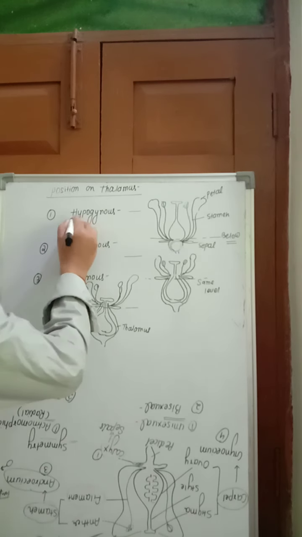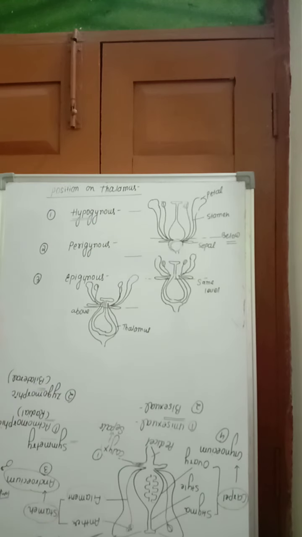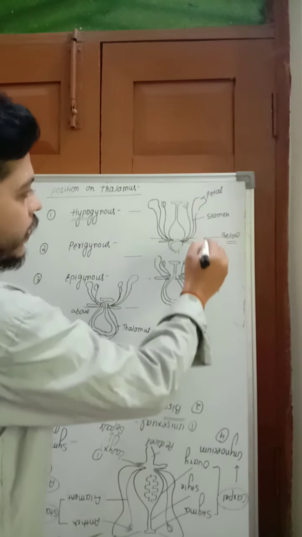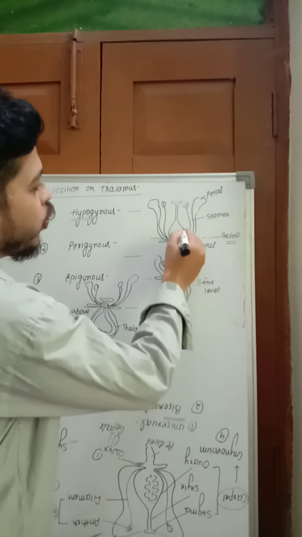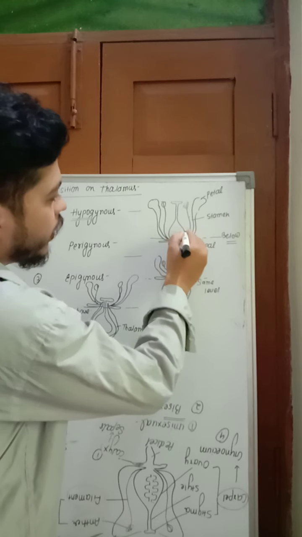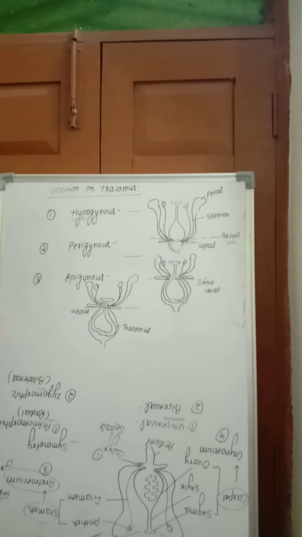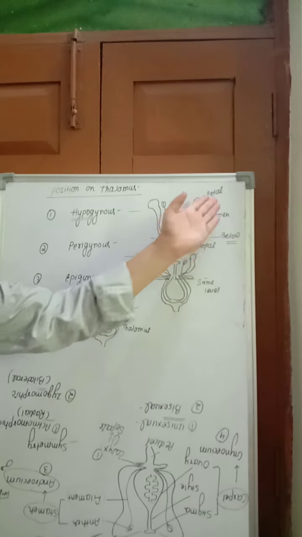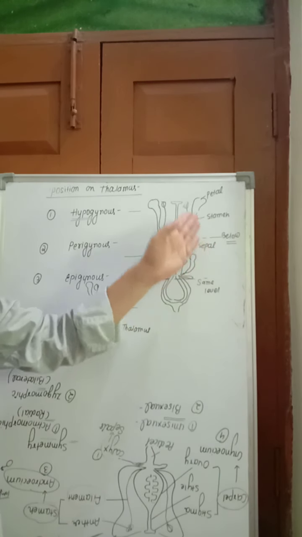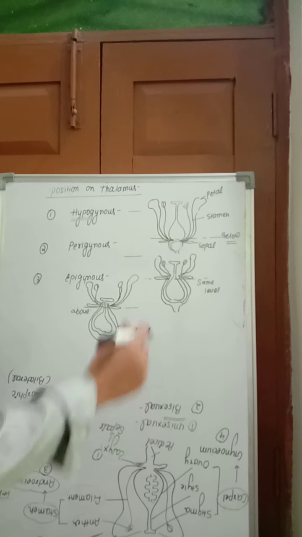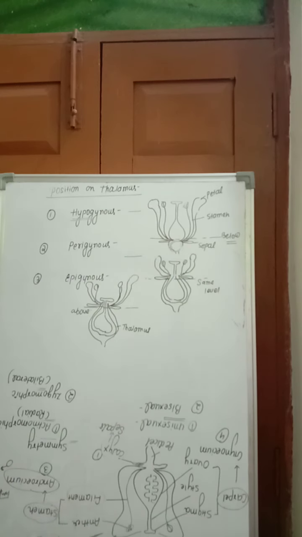What is hypogynous? When sepals, petals and stamens are located below the ovary, that is, the corolla, calyx and androecium are located below the ovary, that type of flower is called hypogynous.